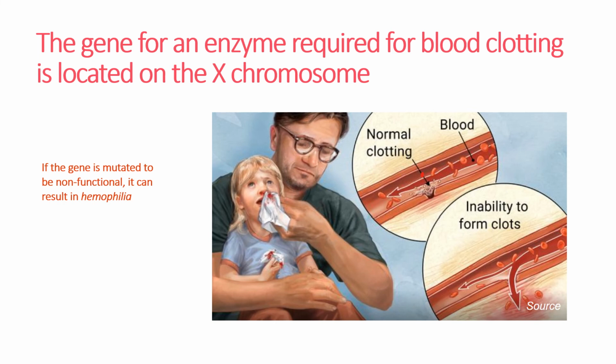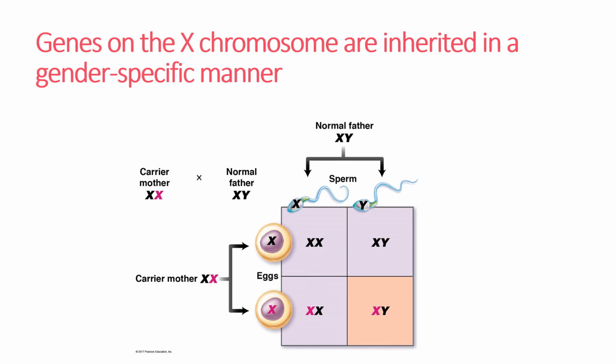So they have a lot of bruising and they bleed very easily. Genes like this blood clotting gene on the X chromosome are inherited in a gender-specific manner. We say that these are sex-linked traits.